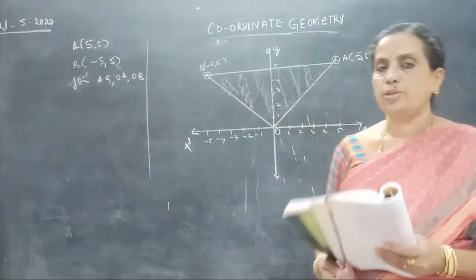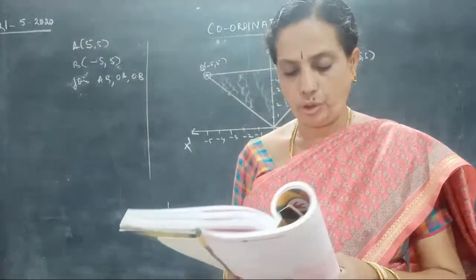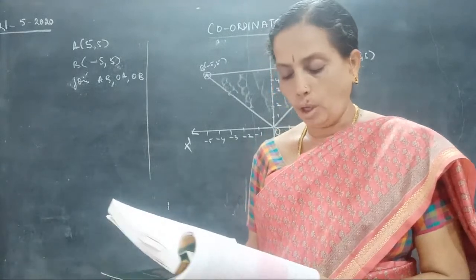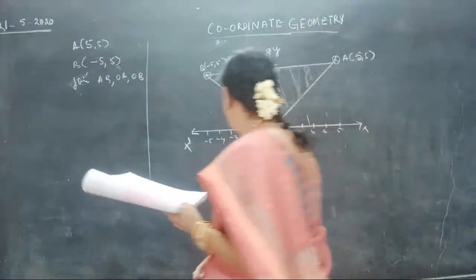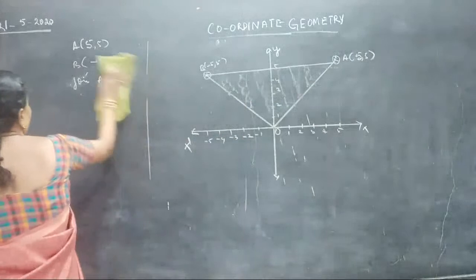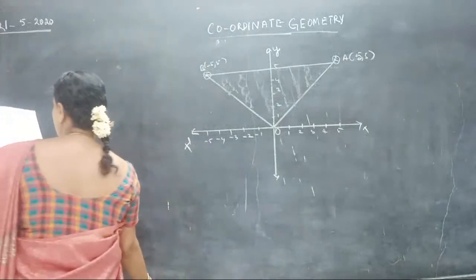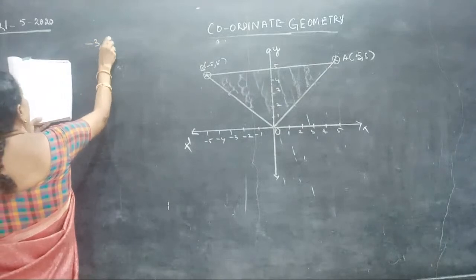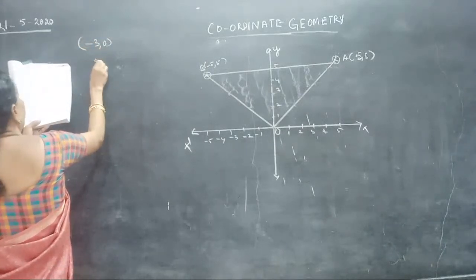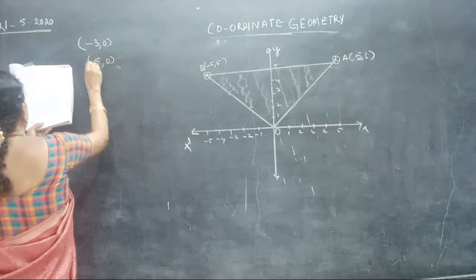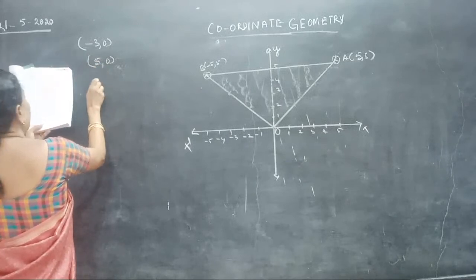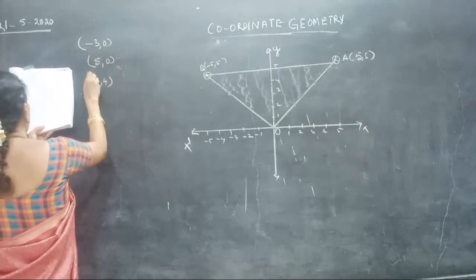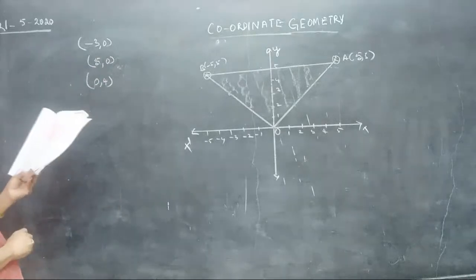Okay, next question. Here is another question. Plot the points. They have mentioned the points to be plotted: (-3, 0), (5, 0) and (0, 4) on the Cartesian plane.